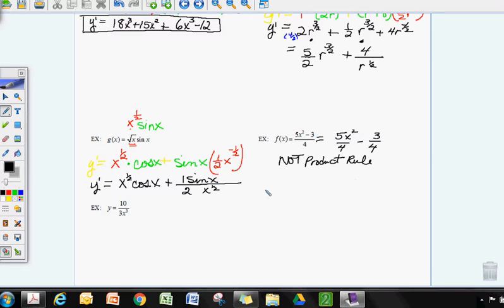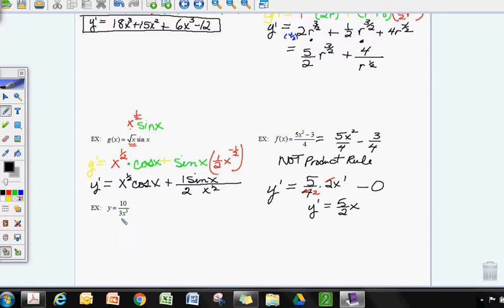So when I look at that, y prime equals the 5/4 is my coefficient times 2x to the first, subtract 0, the derivative of any number is 0. When I try to clean these up, hopefully you see the 2 and the 4 reduce, and my final derivative for this problem would turn out to be 5 over 2x.